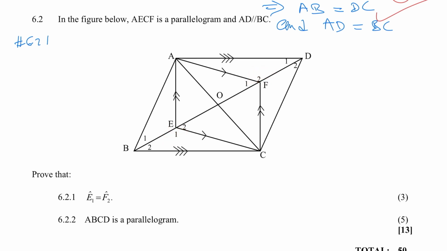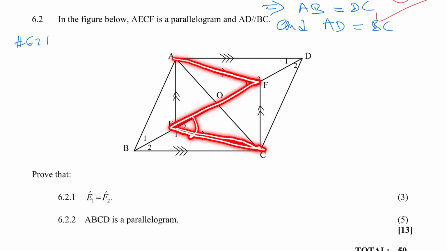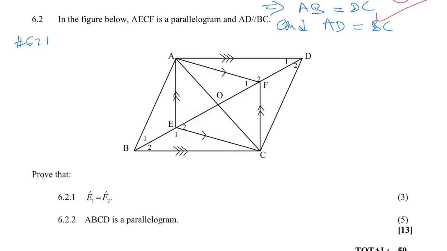But the way to do this is to look at the information that you have, try to figure out what you have and how you can actually get your answers. For example, we know this line and this line are parallel, and you have a line here. So by alternate angles, we know that F1 is equal to E2, right? Alternate angles. F1 is equal to E2.